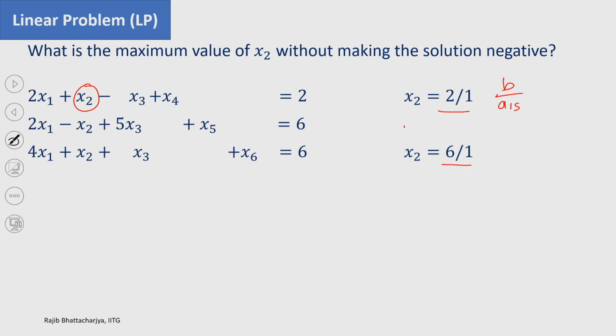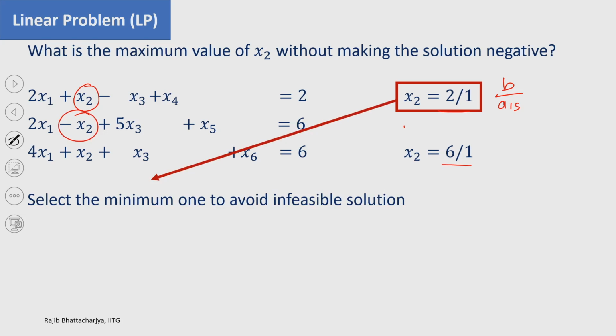The coefficient of x 2 in this equation is negative, so as I said, we will get an unbounded solution. Now, the rule is to select the minimum one, because if we select this one, then we will not get any negative value of the variables. So, select the minimum one to avoid an infeasible solution.